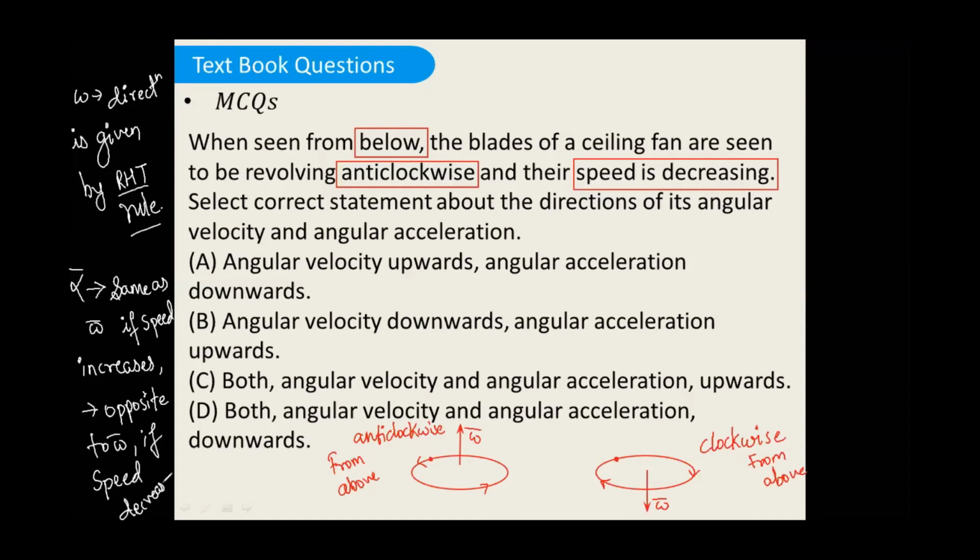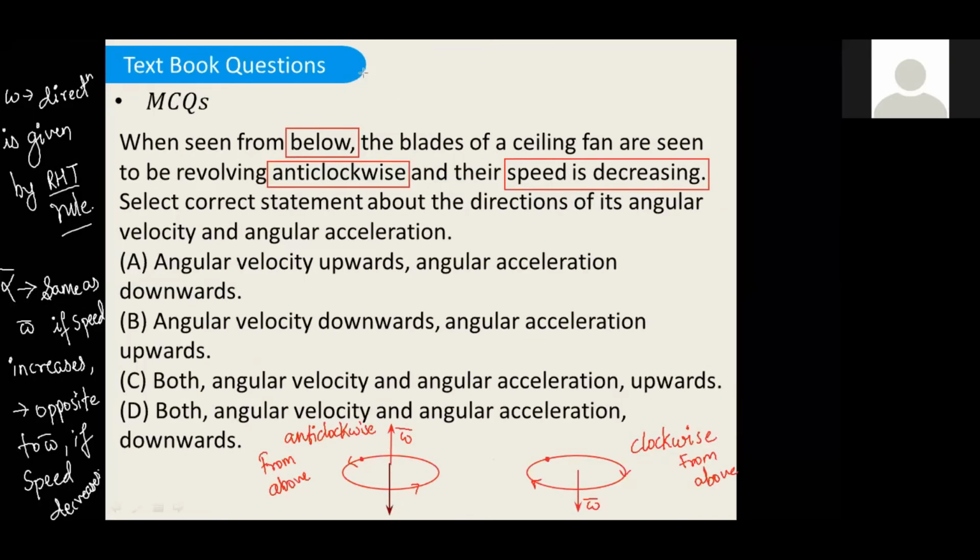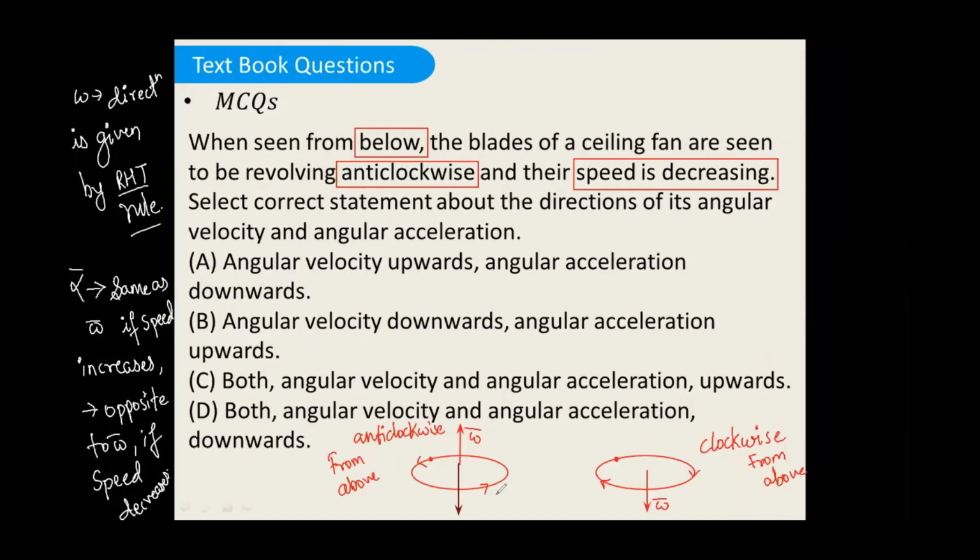I hope you remember what we studied in the basics lecture of circular motion, the alpha and omega part. So what is written here? The speed is decreasing. So alpha will be opposite to that of omega.